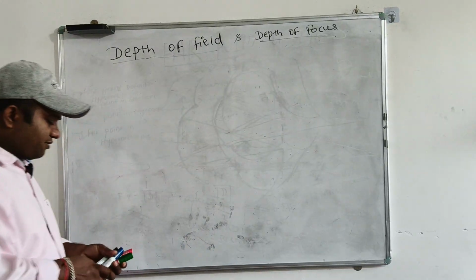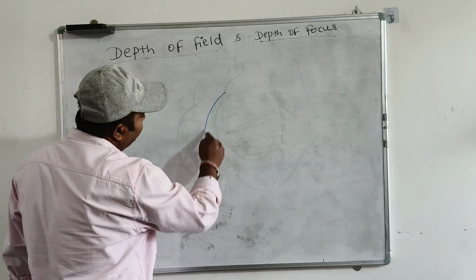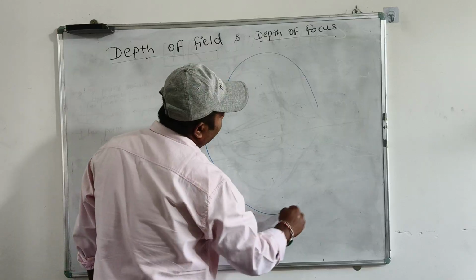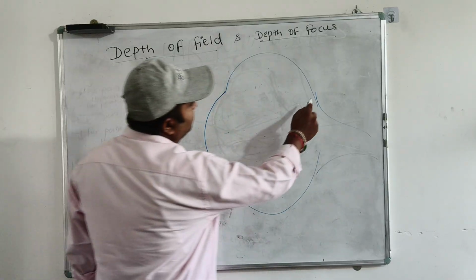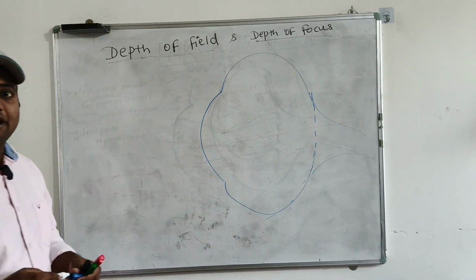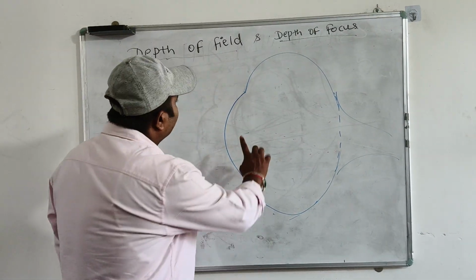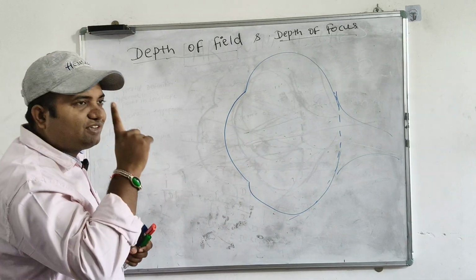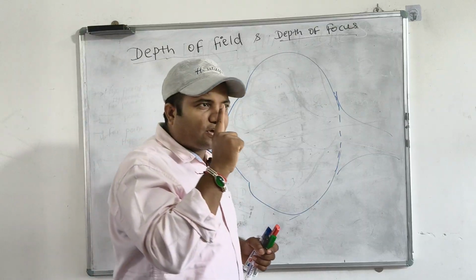To understand this better, see, this is a hypermetropic eye, this is an emmetropic eye, and this is the retinal plane. Now let's assume the eye is focused at some distance, that means you are looking at some object.